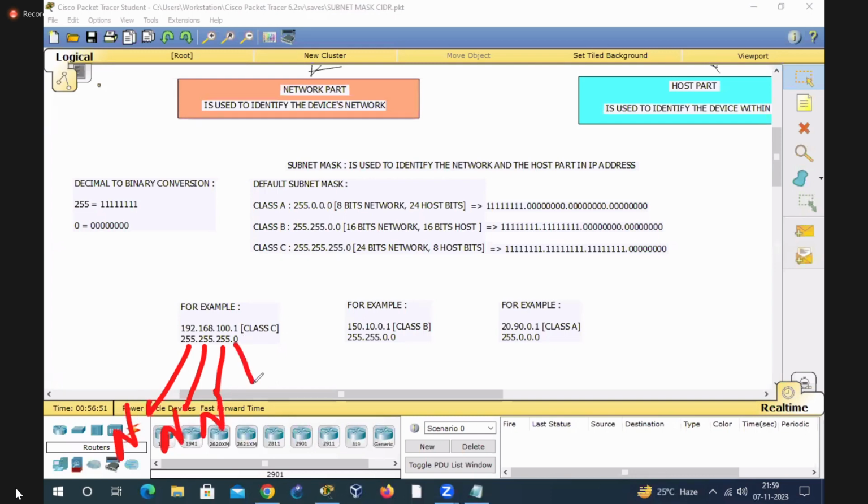And when you are saying 0, it is defining host bits. So whatever octet you see 255 in the subnet mask, that octet in the IP address will be network. And whatever octet you see 0 in the subnet mask, that octet in the IP address will be host. That is exactly how you define it.